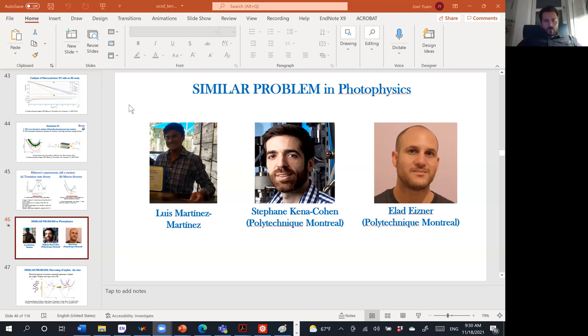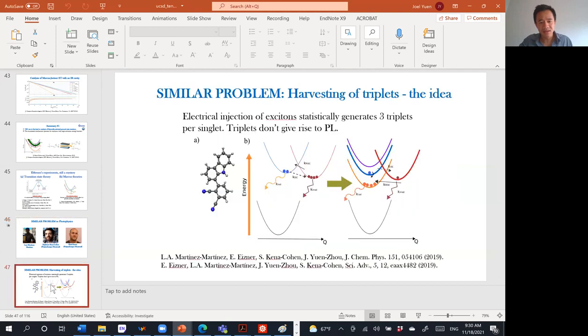Okay, so let me show you a problem that we worked on together with Stefan Kena-Cohen at École Polytechnique. So Stefan had this idea, and there are other people in the field that had this idea, that say you inject electrons and holes inside of an organic polymer, and you want the excitons that are formed to emit light, so to serve as an LED, an organic LED.